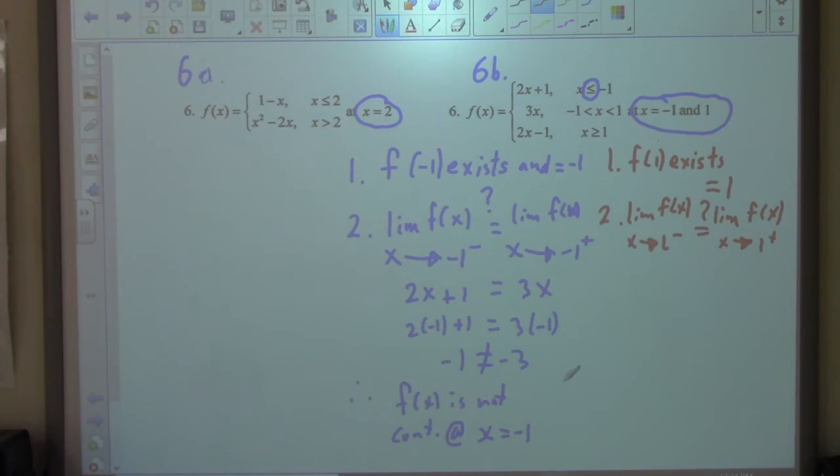We have to plug in 1, so we have 3 times 1, and on the right side, we have 2 times 1 minus 1, and you get 1. So is 3 equal to 1? No. So therefore, f of x is not continuous at x equals 1.